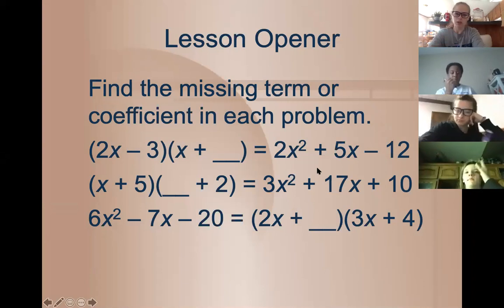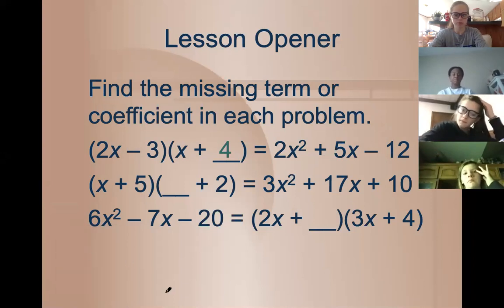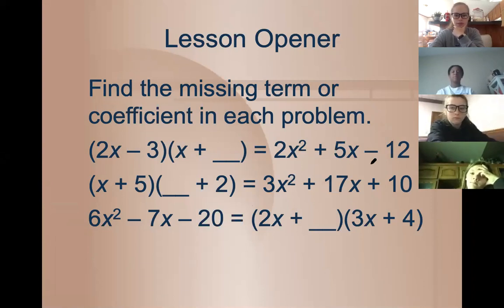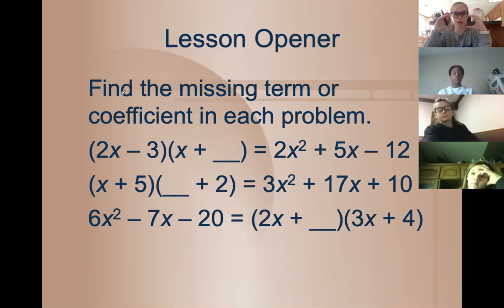Y'all remember our little, let's see here. Let me get my pen out. Okay. So let's find what would go inside of here. So 2x squared plus 5x minus 12. Remember, the opposite of factoring is distributing or foiling. Foiling would be something we can do when we've got two binomials, which is what we have right here.